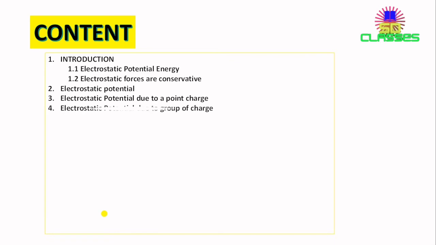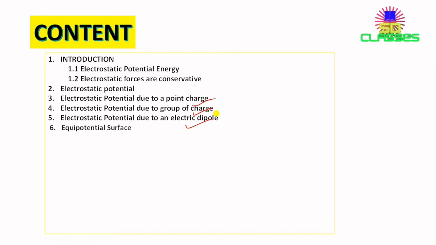And then we are going to deduce some expressions for electrostatic potential for a point charge, then a group of charges, then an electric dipole. Then we will discuss the equipotential surface, and then we will deduce a relation between electric field intensity and electric potential.